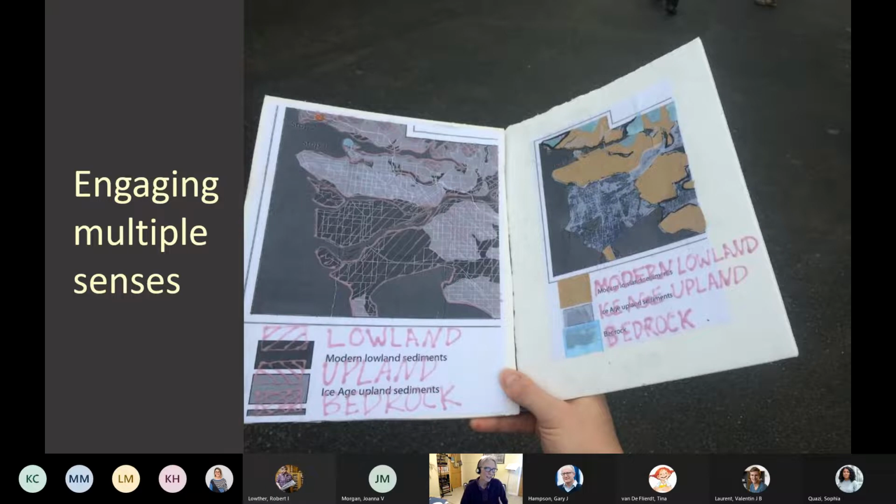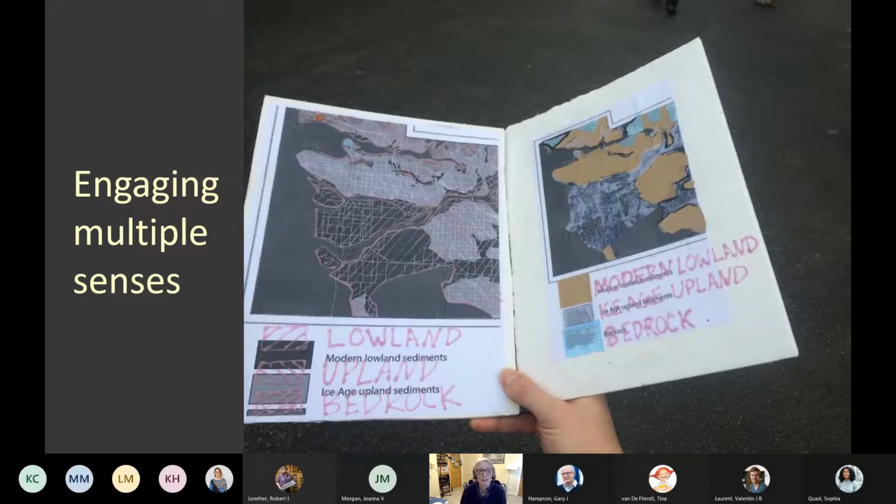We chew bits of rock, and we engage our other senses more than we realise. But when we're working with students with disabilities, we need to be a little more thoughtful about how we create our learning resources so that we speak more explicitly to that.